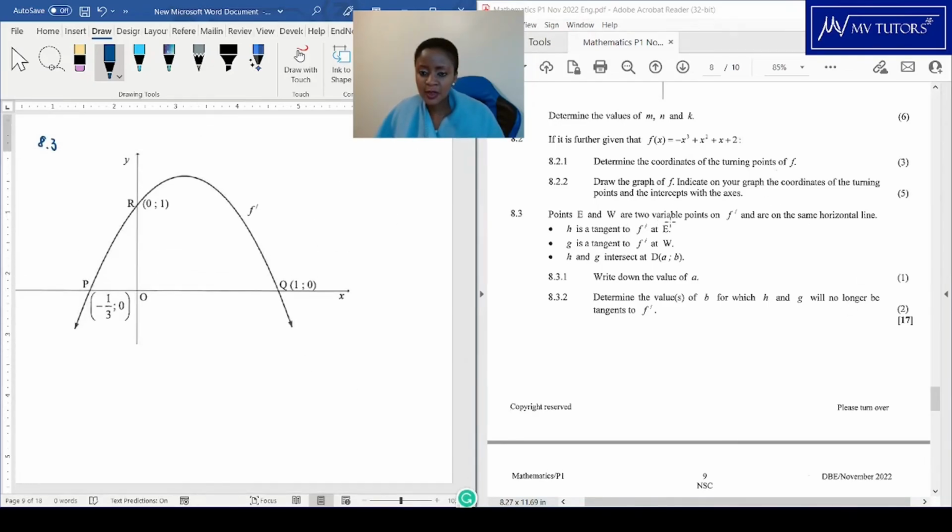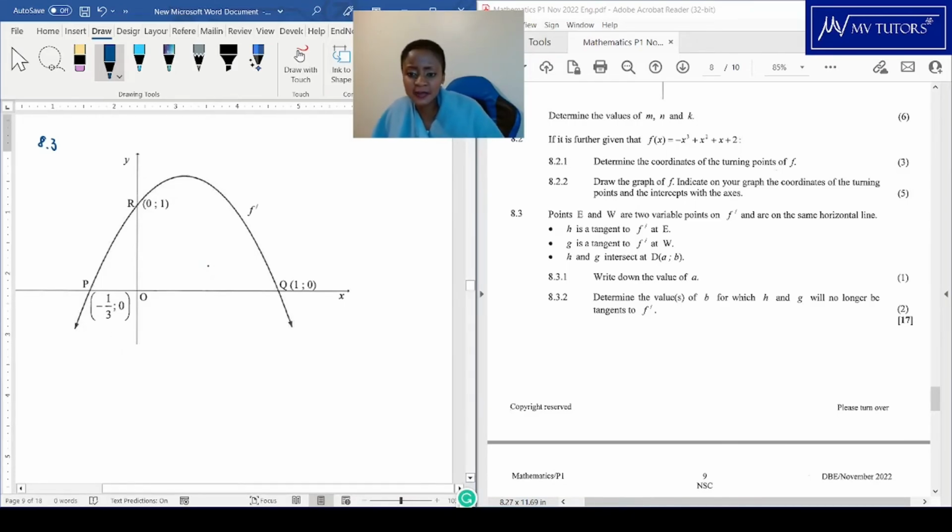So we have E and W points on the parabola and they are on the same horizontal line. Now H is a tangent to f at E. G is a tangent to f prime at W. H and G intersect at D. Write down the value of A. Oh, A, that's for D.